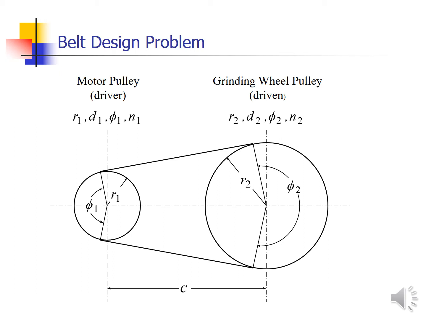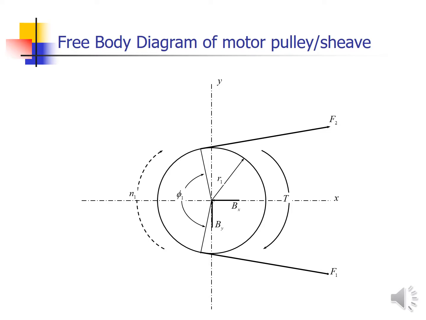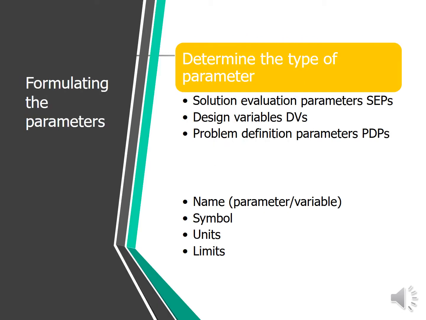The distance is C. We study using the free body diagram, where we get force 1 and force 2 here. This is formatting the parameters.